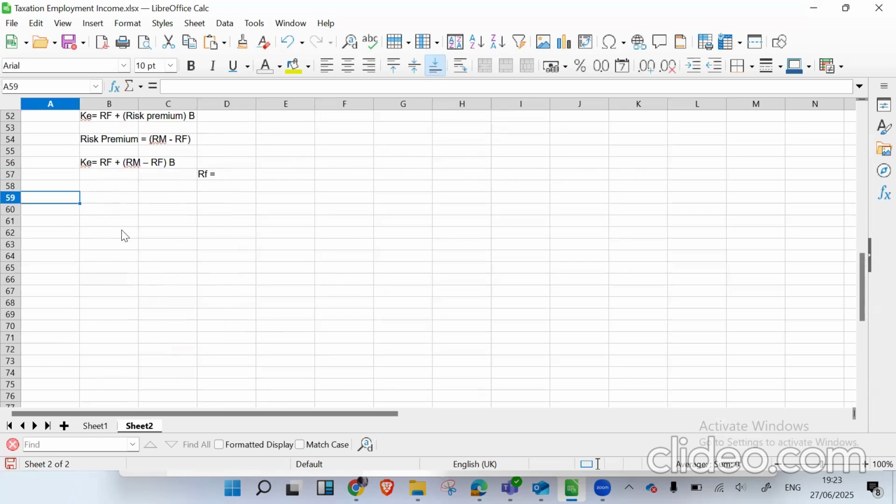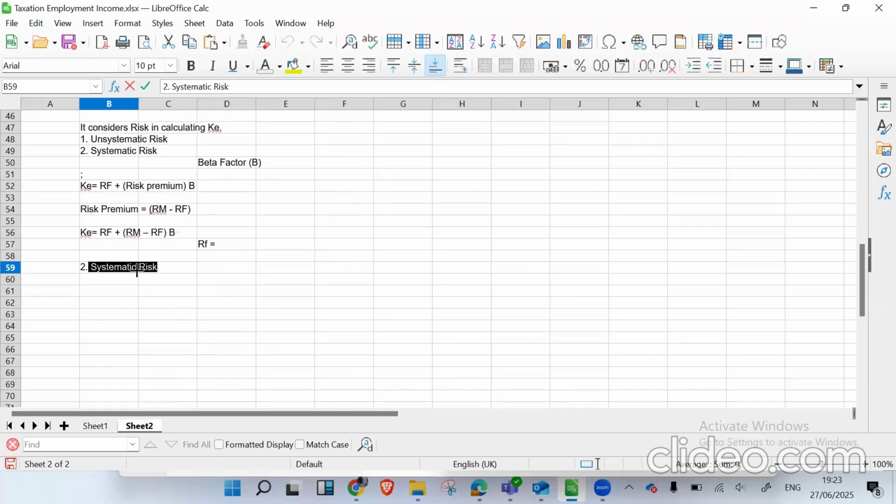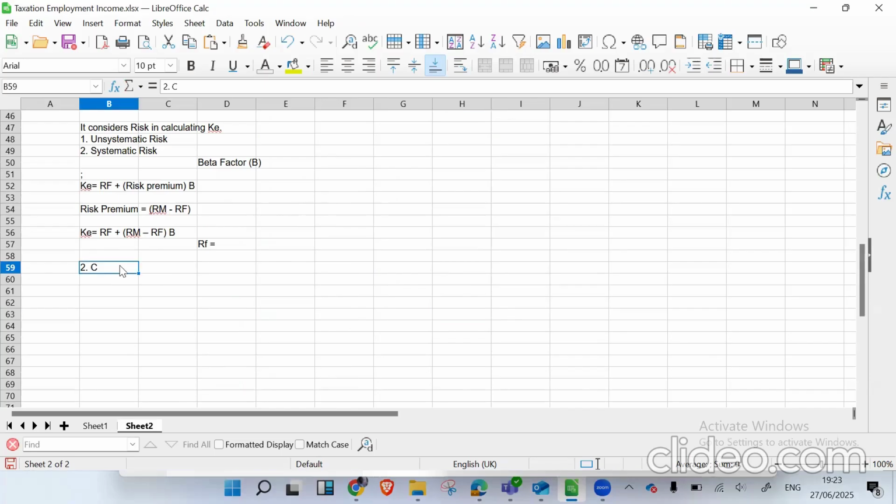Let's talk about number B. KE was number 1. Number 2, cost of preference shares.